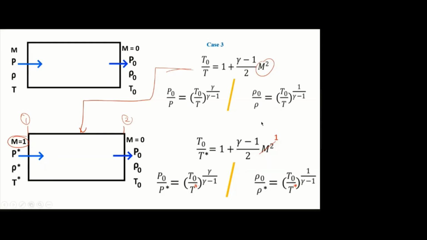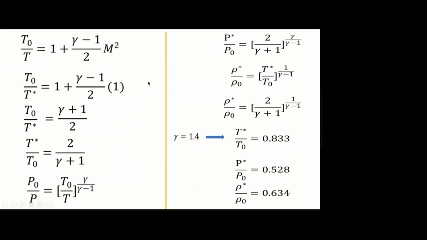And here, there is one more simplification we are doing. So this is the final equation. We are substituting the gamma value, and instead of the equation, we are writing numbers. That's what we are going to do in the next slide. Okay, so this is the case 2 equation. Apply it to the last control volume, sonic and stagnation, and you will get this.